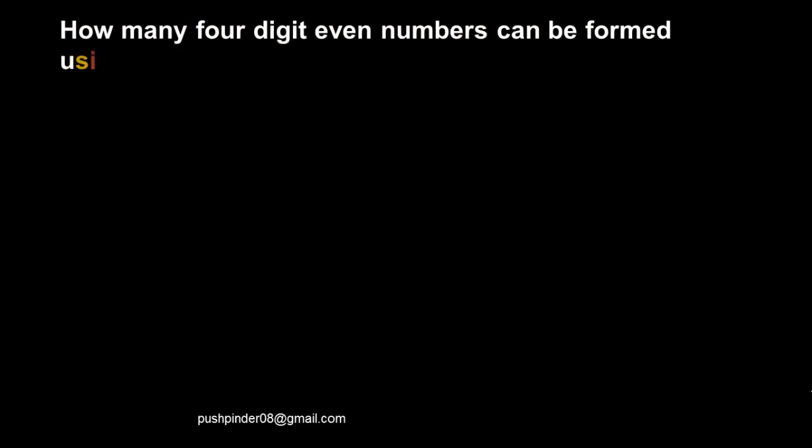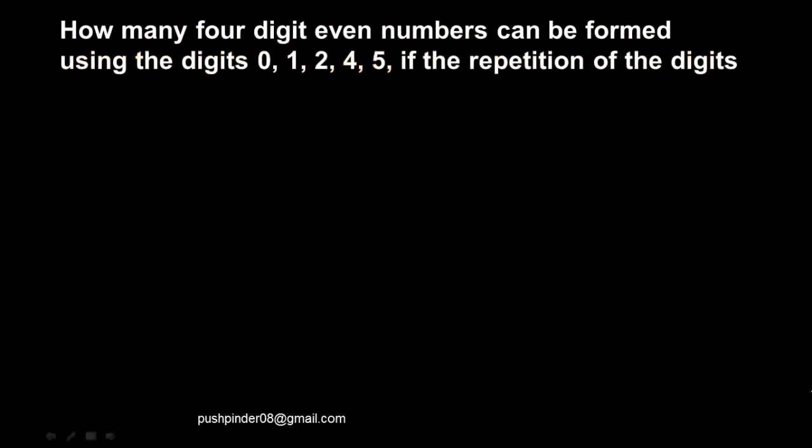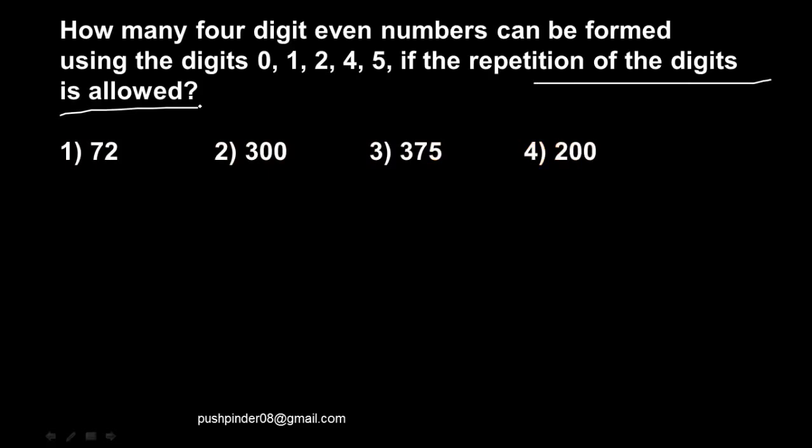Okay, how many 4-digit even numbers can be formed using these digits if the repetition of digits is allowed? Now over here, repetition of digits is allowed. Whenever this is given, our solution becomes a little bit easy. There is a condition on 2 places.